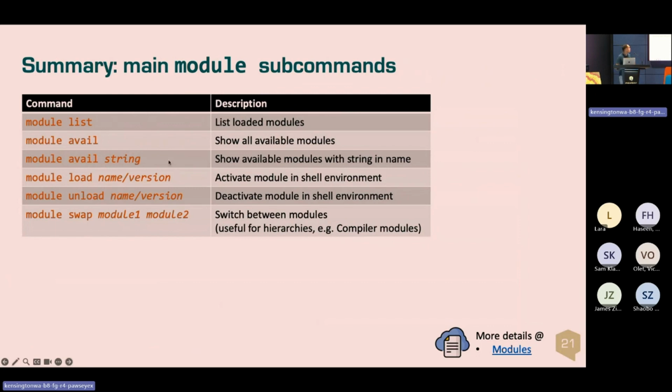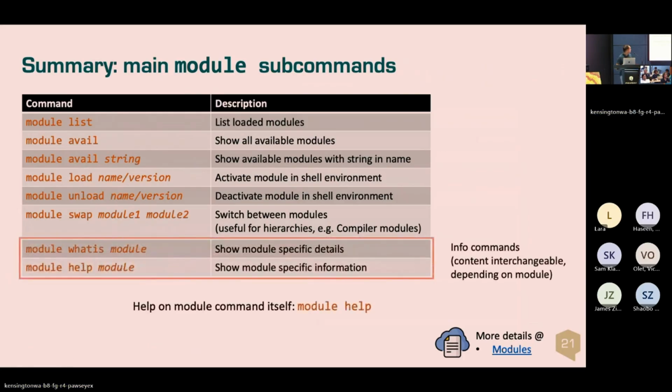You can filter them by using a string. Module load loads the module, making the software visible to the system. Unload removes that module, which means it hides the software, so it is not reachable anymore. Swap you can use to change between versions of the same module, essentially.